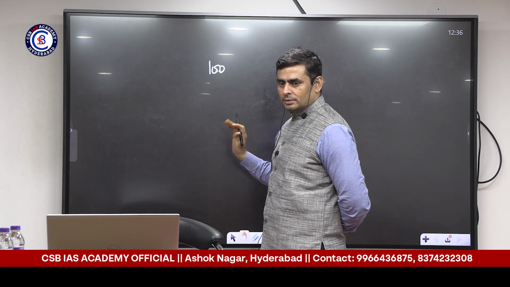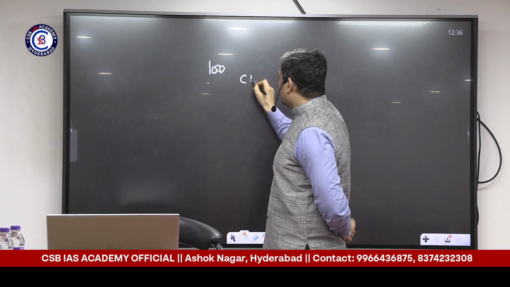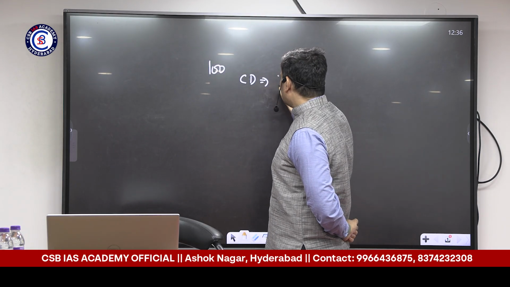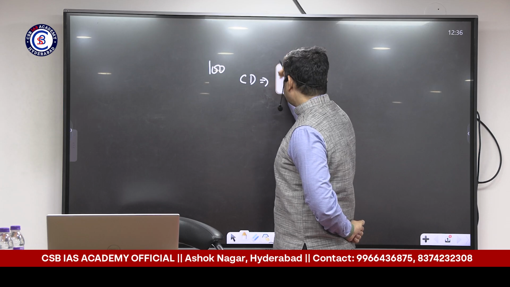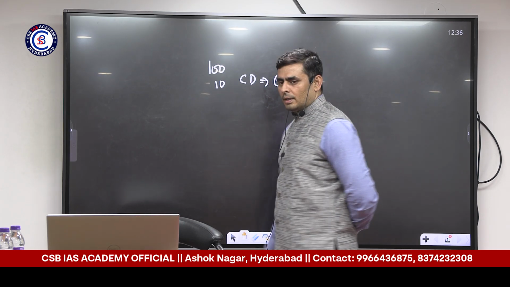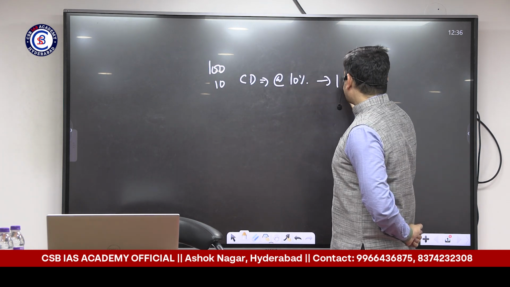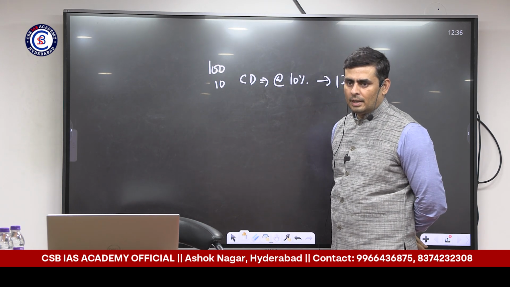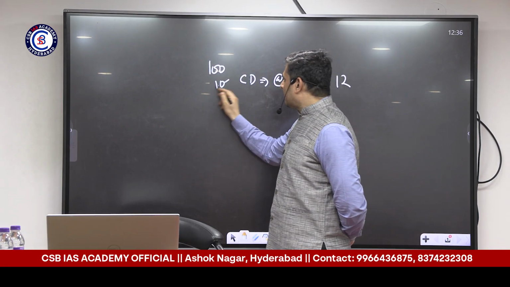Item value is 100 rupees and custom duty, suppose, is at the rate of 10%. So tax will be 10. Now I have increased it to 12.